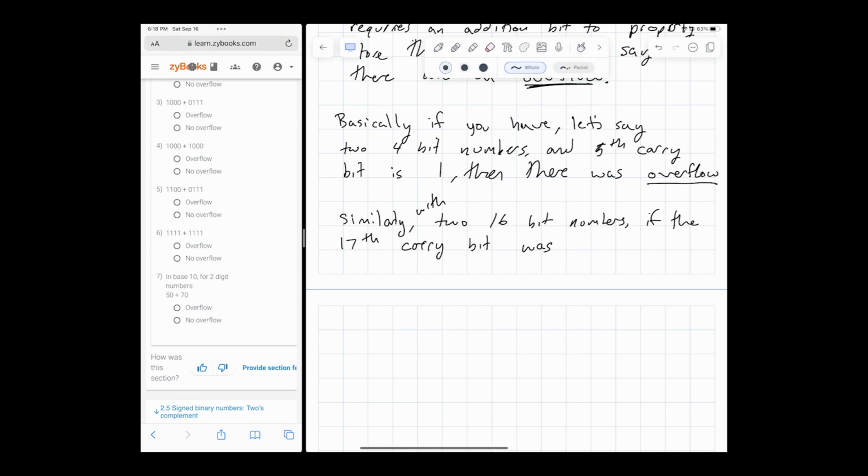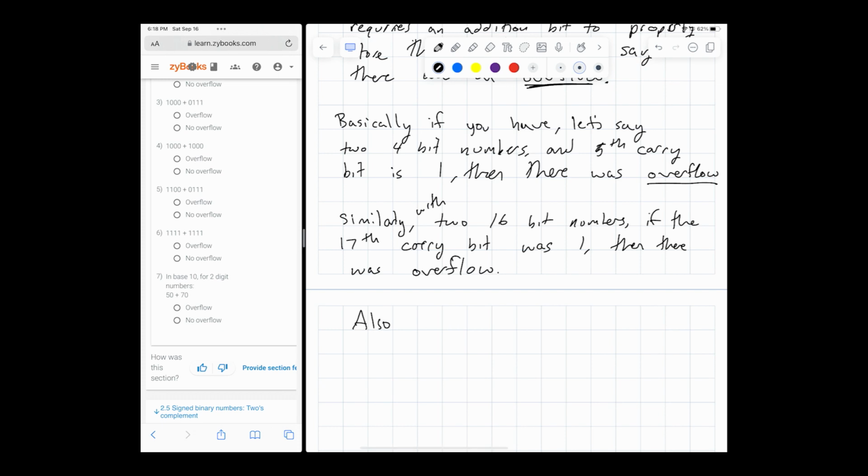So I'll just say 1. So if the 17th carry bit was 1, then there was overflow. And so what overflow means is that your answer, assuming you only have 16 bits, is going to be wrong because you need 17 bits. Okay.